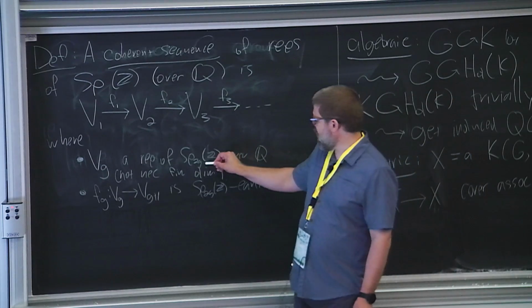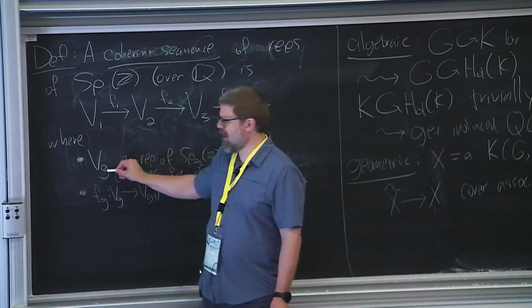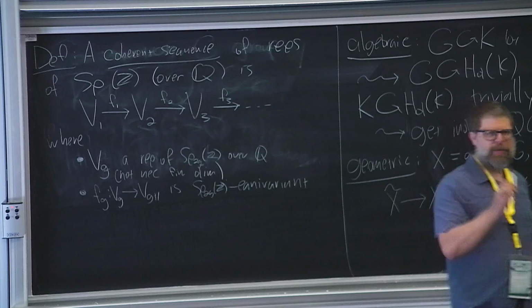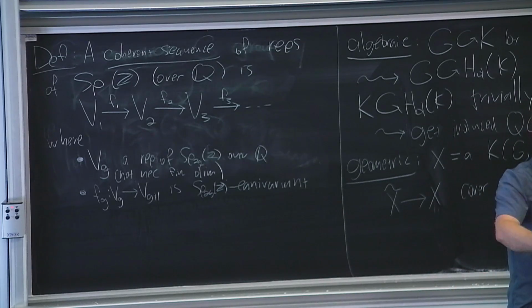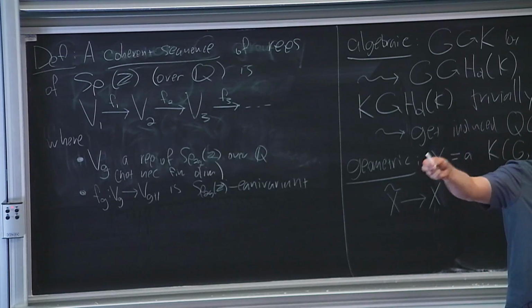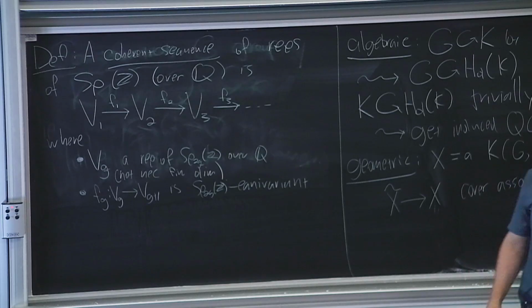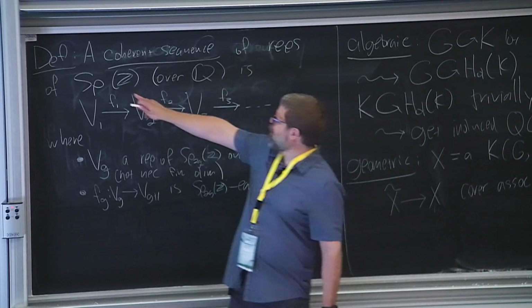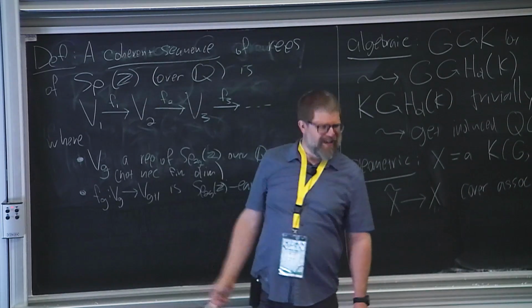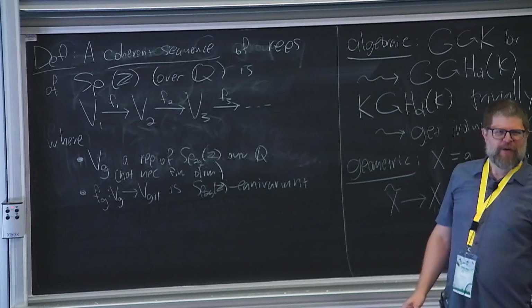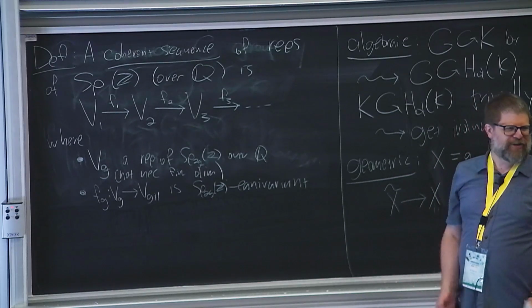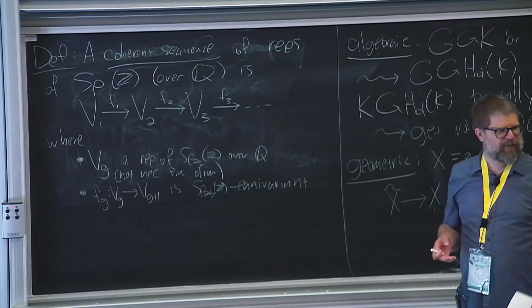So this g right here is the same as that g right there. So we have a representation of every symplectic group, Sp2, Sp4, Sp6, Sp8. G is not fixed. That's why I didn't specify. I put Sp of Z. I didn't specify the genus because we have all these representations, not just for one, but for all of them, just the same way that we had in Christine's talk.